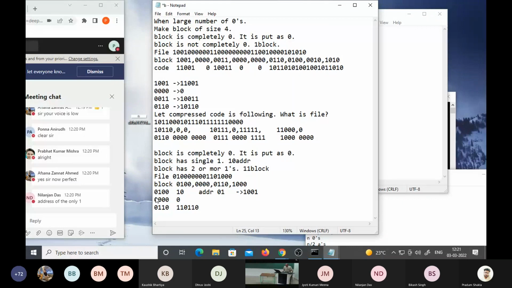What is this? 1000. This is 10. And what is the address? Address is 00. So this becomes this.